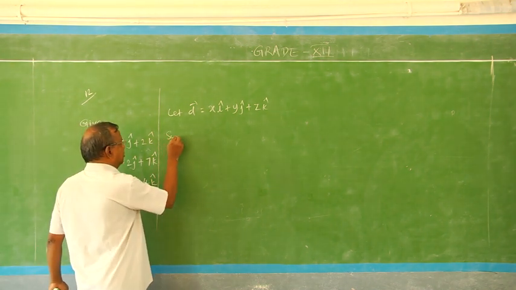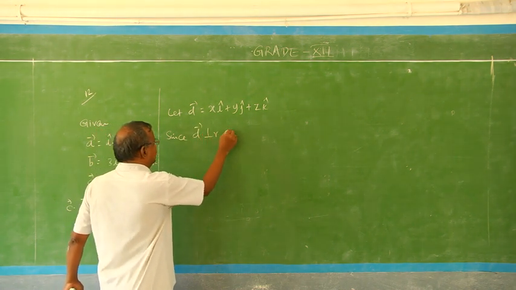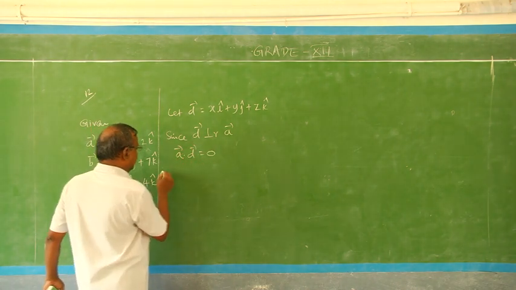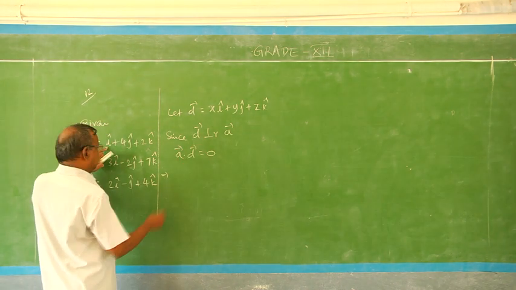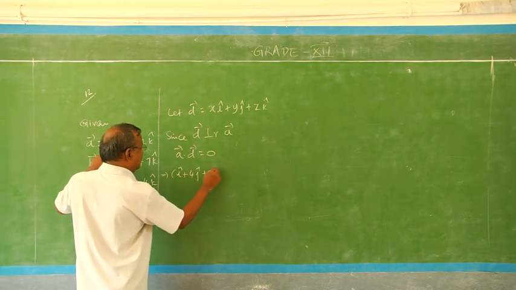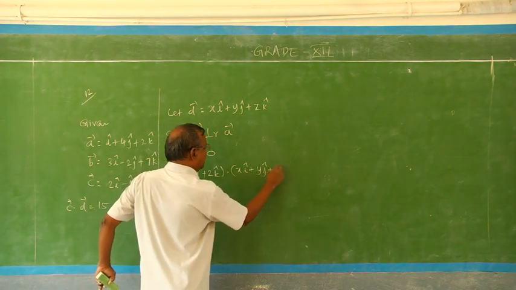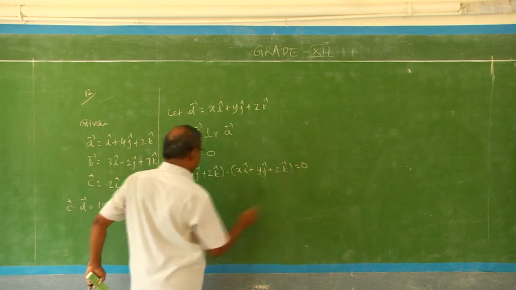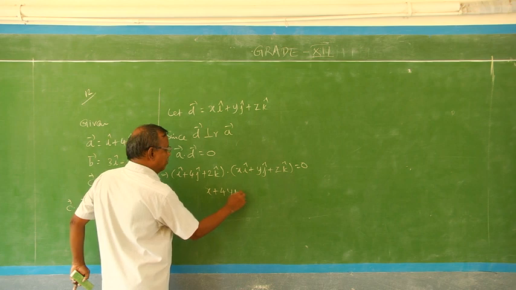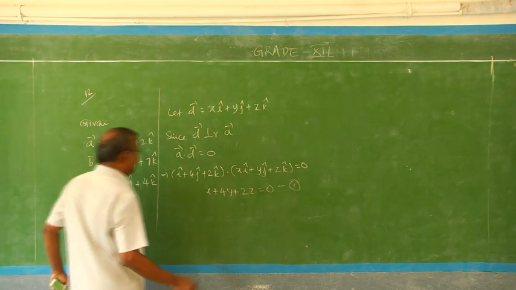Since D vector is perpendicular to A vector, we have A vector dot D vector equal to 0, which gives i plus 4j plus 2k dot xi plus yj plus zk equal to 0. That means x plus 4y plus 2z equal to 0. Say this is the first equation.